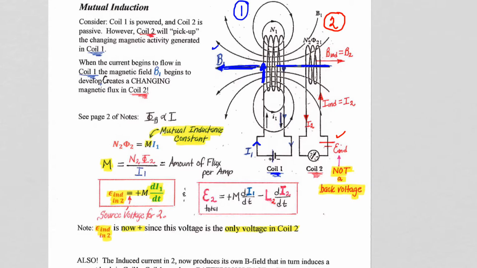With what we've done with Faraday's law and Lenz's law, when nature presents coil 2 with the blue B field going to the left, Faraday's law and induced effects kick in and make induced current to make an induced B field to the right.